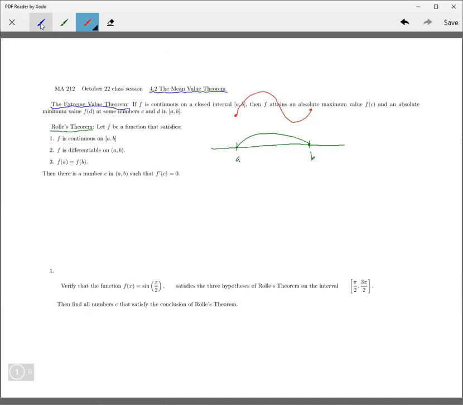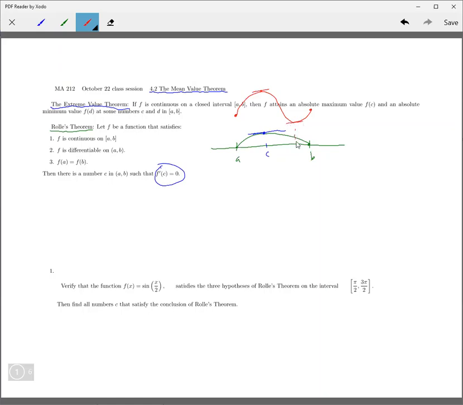So what Rolle's theorem says is that there's going to be some point in here where the derivative is 0. For this function, if this is the highest point on the graph, then it's going to have a horizontal tangent right there, and so the derivative will be 0 there. Now for the red function, maybe right here is the highest point on the graph, and here's the lowest point.